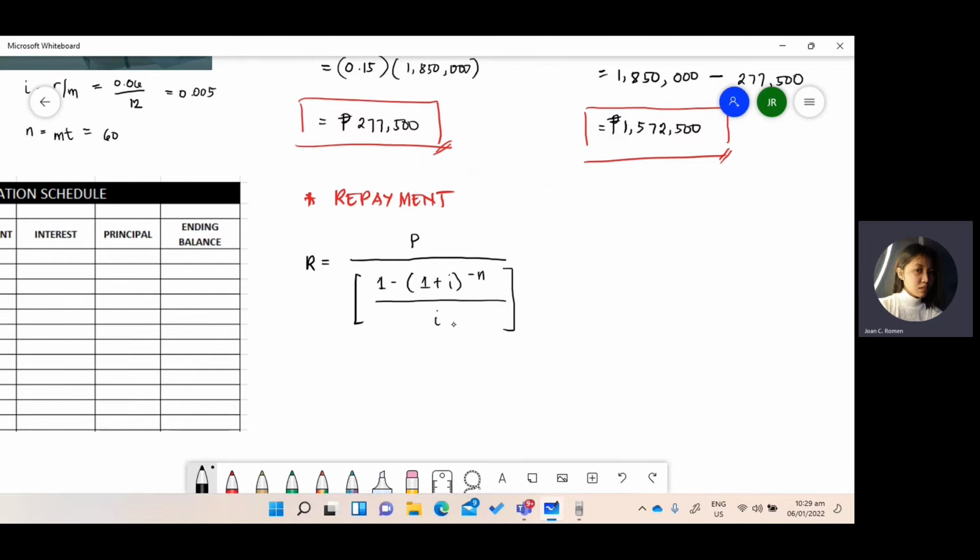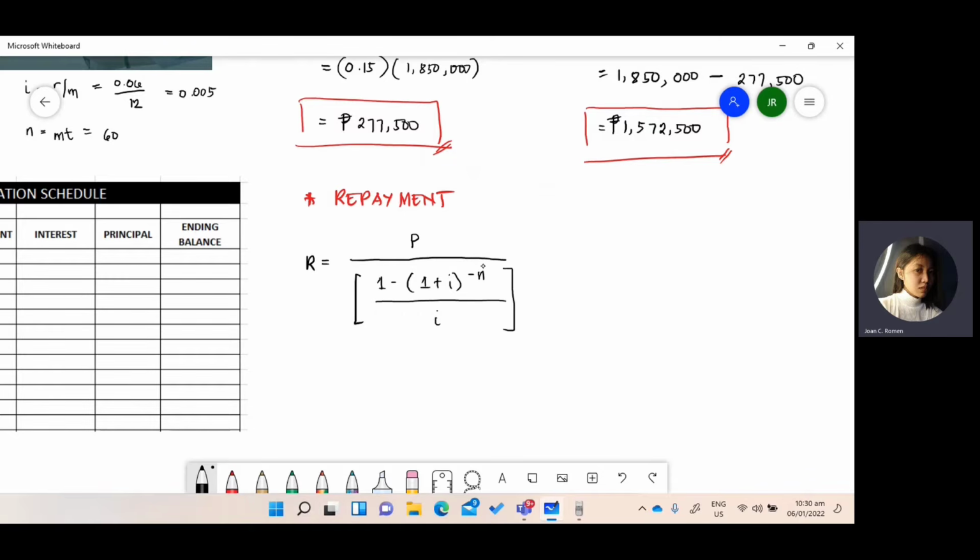So just simply substitute lang po kung ano yung mga given natin. But this time, yung value ng P natin, ito yung beginning balance. Kapag po meron tayong down payment, ibabawas natin yung down payment doon sa original price, and then yung remaining balance or beginning balance, that will serve as your principal for the repayment. Sana po ay nagigets.